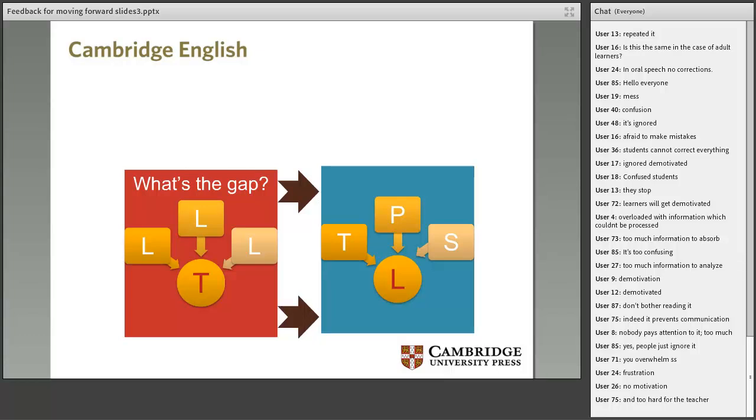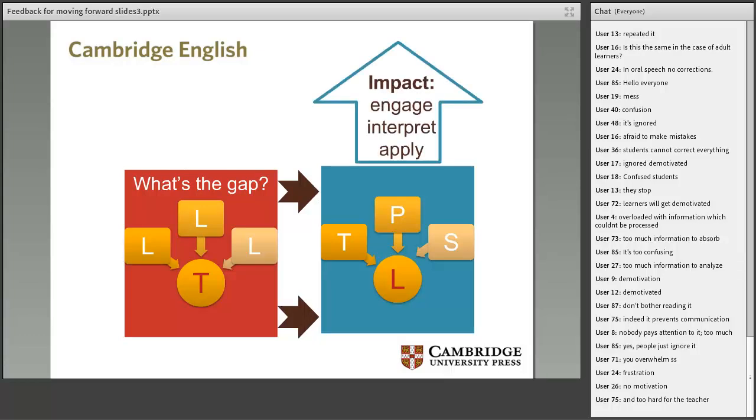Not necessarily ourselves, it could be self-feedback or peer feedback, but that's what informs it. And the very important thing about the feedback that we give to learners is that it has impact. Okay, and this means, for example, that the students really engage with it.